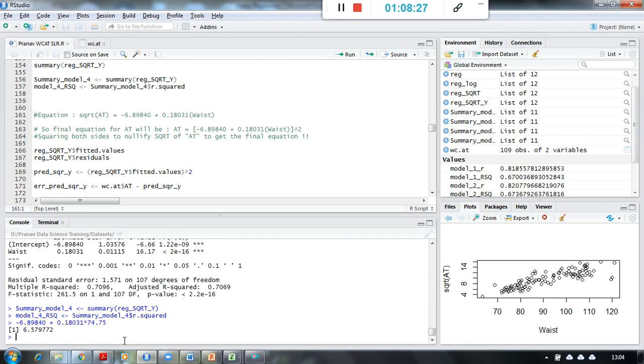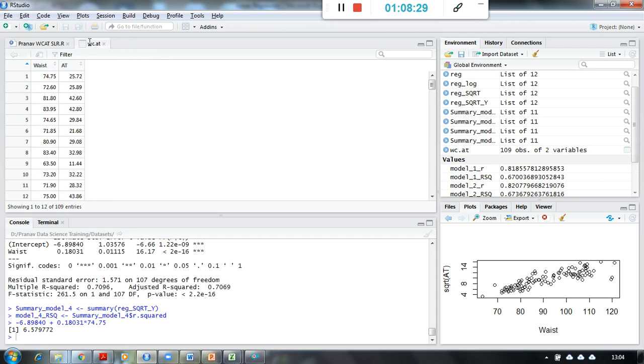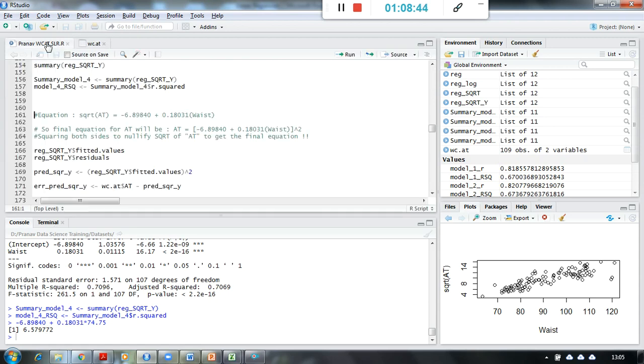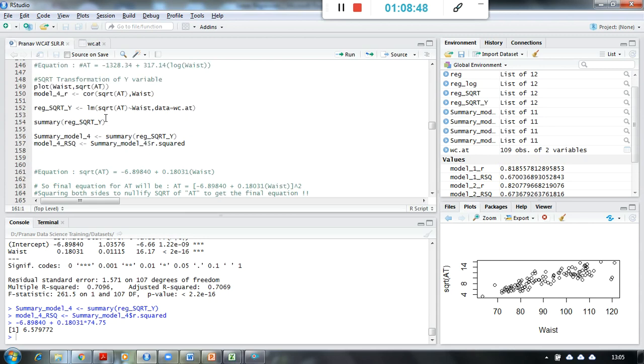It cannot be the ad value, because r square has improved, which means my model is good and the error should be less. Then instead of 25.72, it is giving me 6.57, which means there is a problem over here. This is not actually a problem. What we have to understand is that a lot of people make this mistake. We have taken the square root of ad while building the model, right?